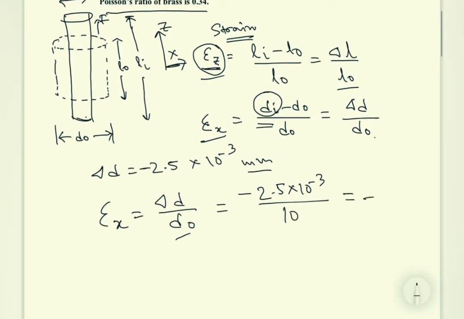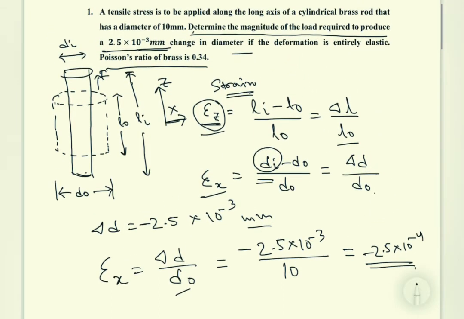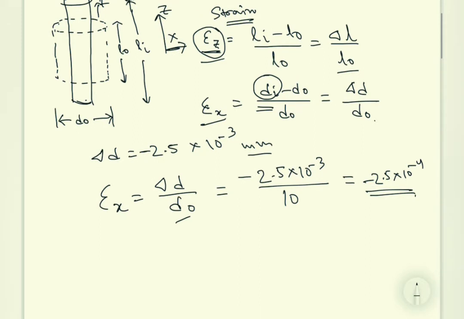So ultimately minus 2.5 × 10^-4, and it is unitless. So we have got epsilon x.